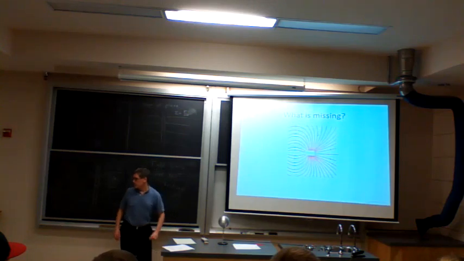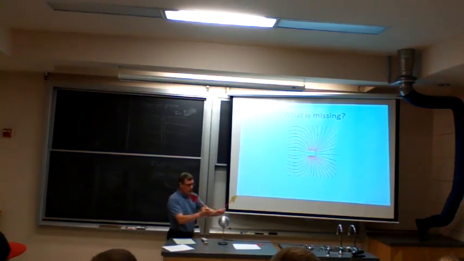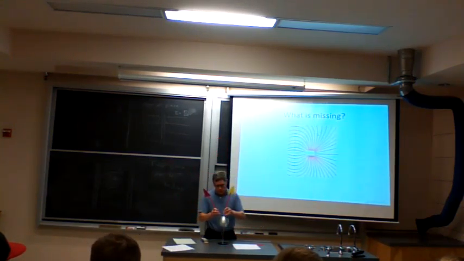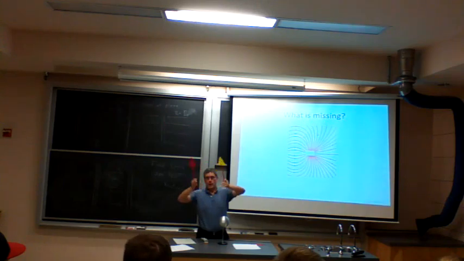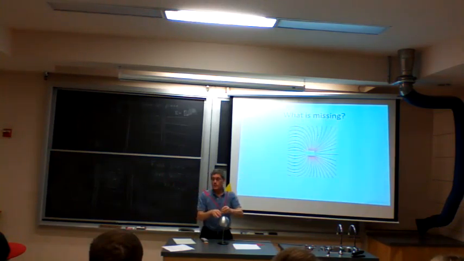So imagine the field's always pointing out from this point source. As we get close, this is a positive charge, the field goes out in space. As we get farther and farther apart, as those field lines separate, the field gets weaker. As we get closer, the field lines become more and more dense.